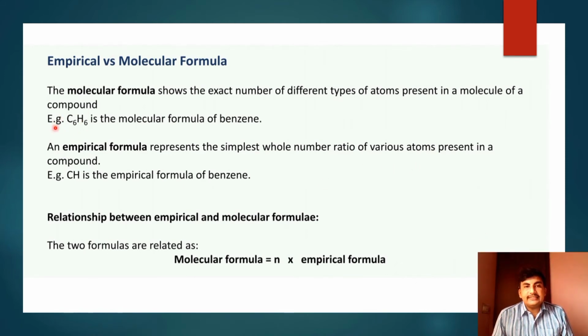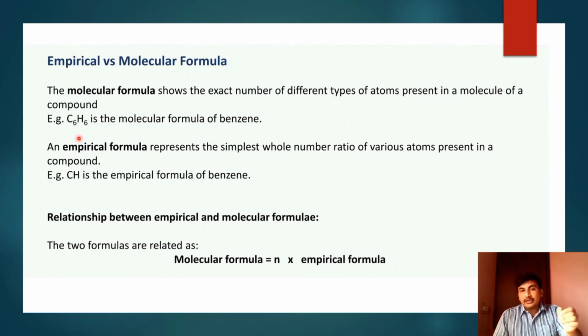See here, C6H6 is the molecular formula of benzene, right? Now, carbon 6 atoms are there, hydrogen 6 atoms are there, right? So what is the simplest whole number ratio? It must be a whole number and the simplest whole number ratio. But the molecular formula has a 6:6 ratio, right?